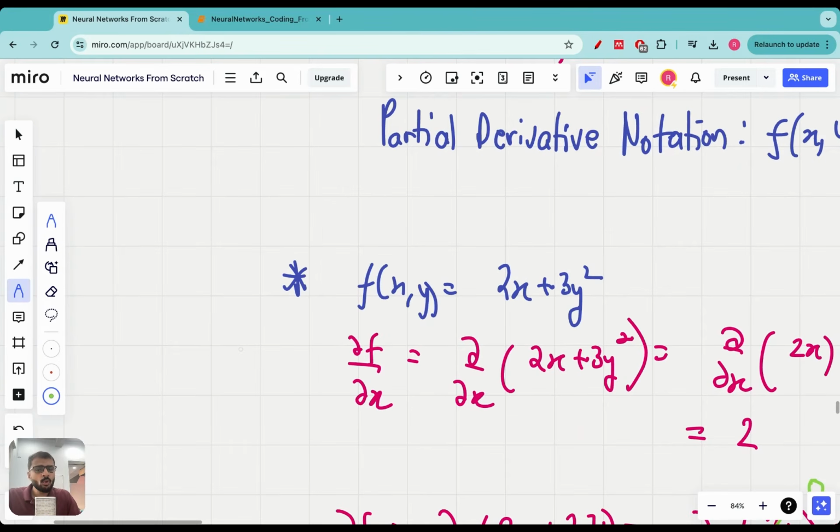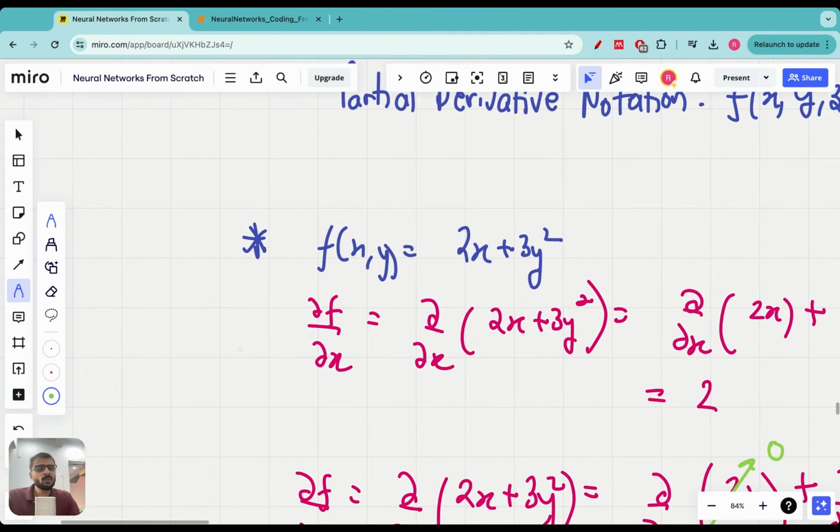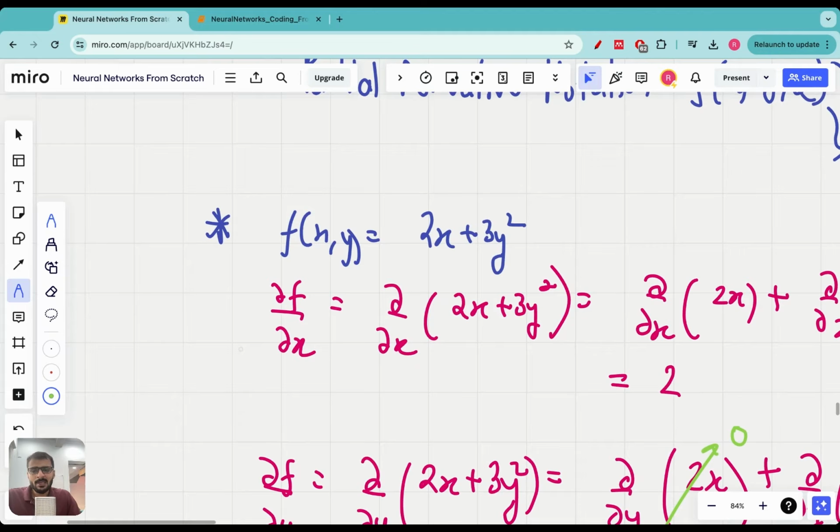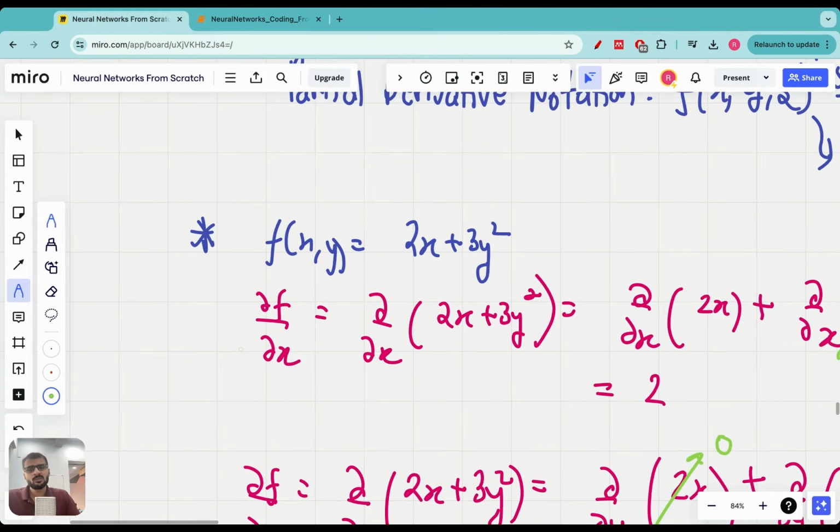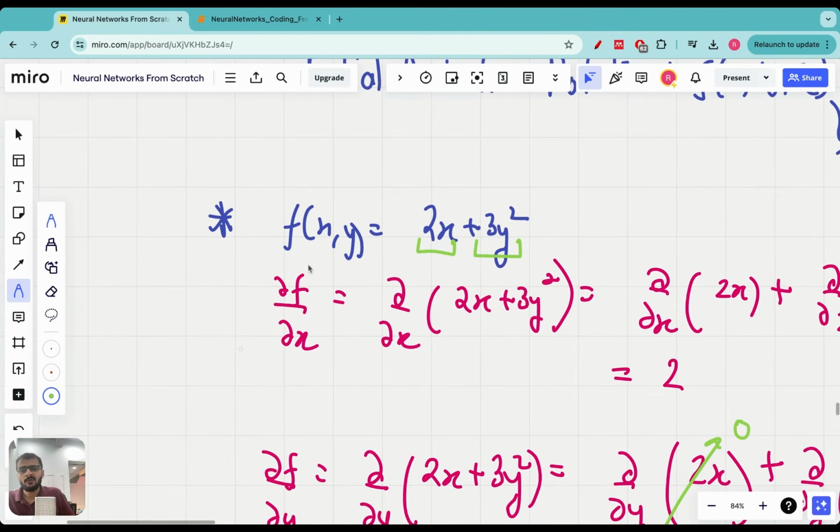Now let's see how to compute partial derivative. It's actually very simple. The simple trick is that you just treat the other variables as constants. So if my f is 2x plus 3y square, and if I want to take the partial derivative of f with respect to x, I will treat y as a constant.